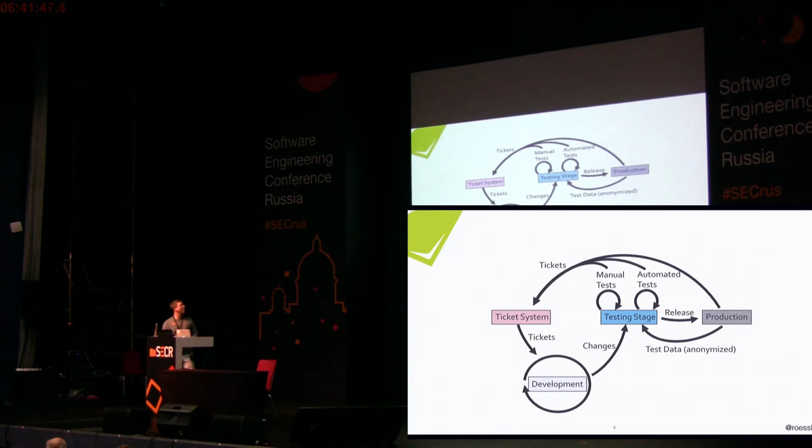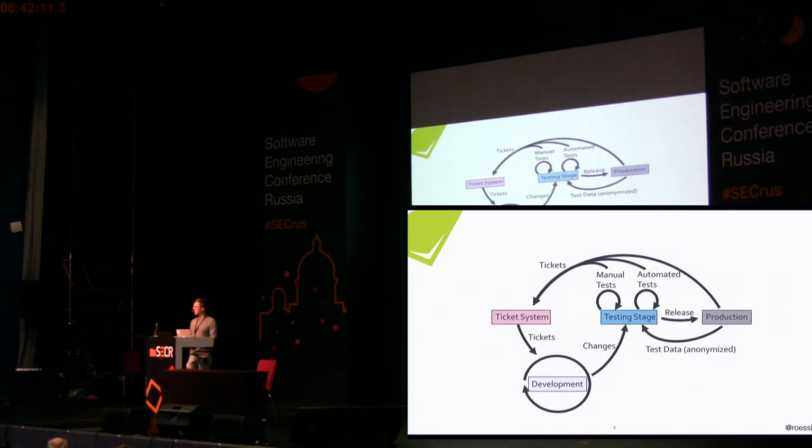And then they are released to production where tickets are created. Also during testing, tickets are created, so all of that information flows back into the ticket system, and also maybe we get some test data from the production system to have realistic test scenarios. So if you think about that, where could we use AI to enhance and speed up that process?